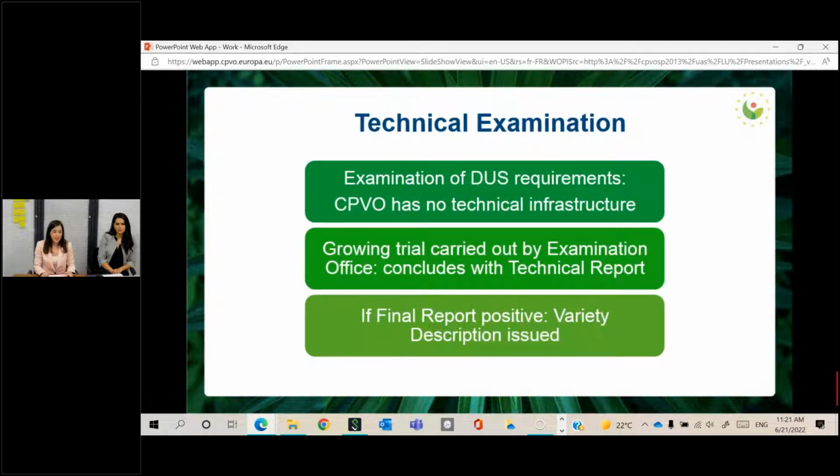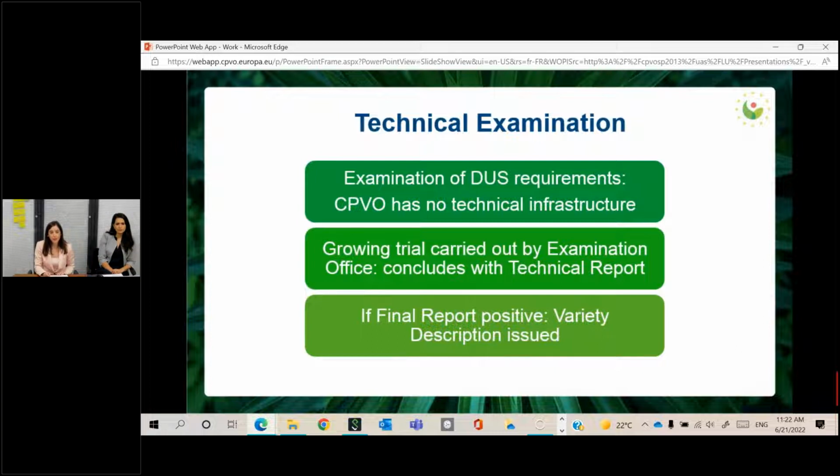Now, the technical examination, let's have a quick look because it's a core part of the examination process. The technical examination examines, as I said, the compliance with the DUS requirements that we have seen. The CPVO has no technical infrastructure to do this. Actually, the examinations are decentralized to one of the examination offices on which the CPVO relies.